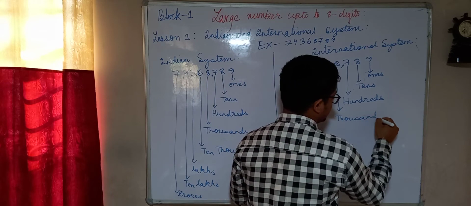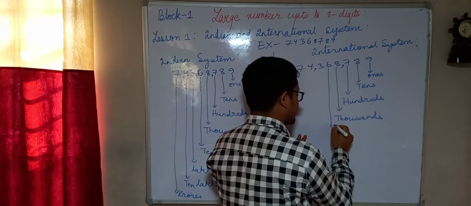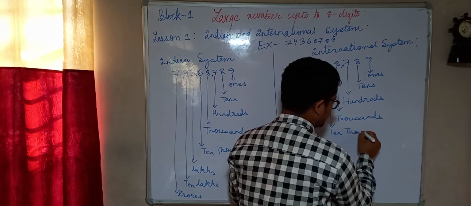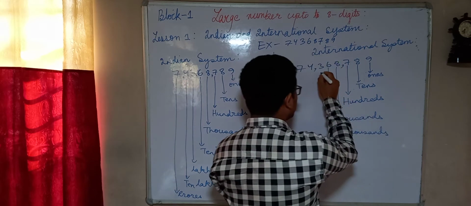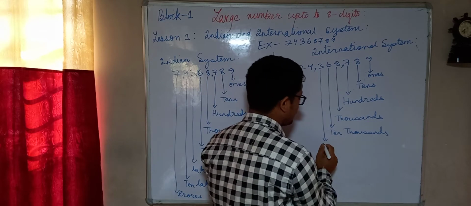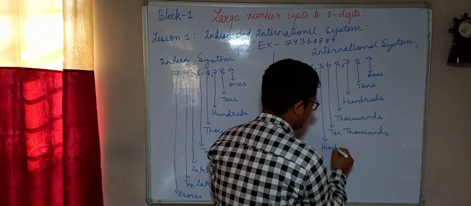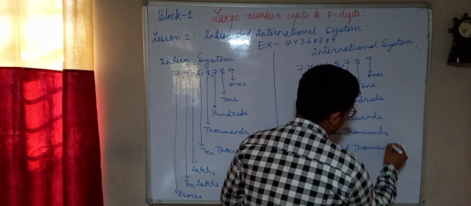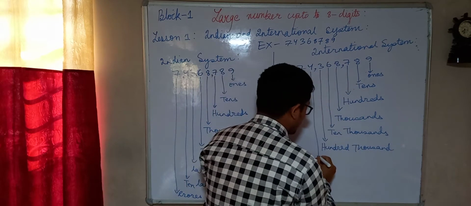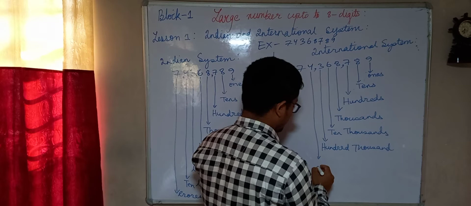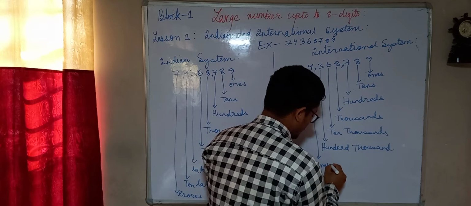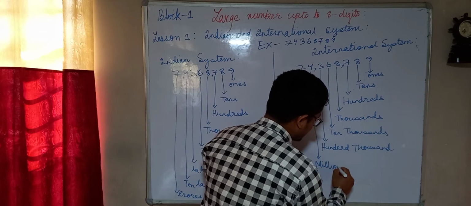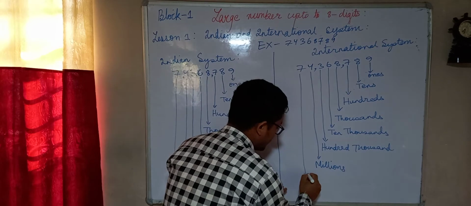Thousands, and this will be your 10,000s. Yet no change. But instead of calling this a lakh, we will call this 100,000. And this will be called 1 million, or millions, and this will be called 10 millions.